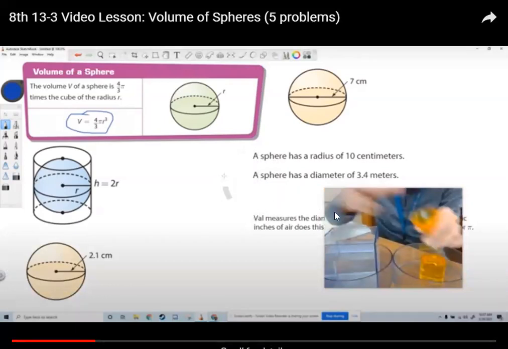So we fill the cylinder with 1 cone and 1 sphere.